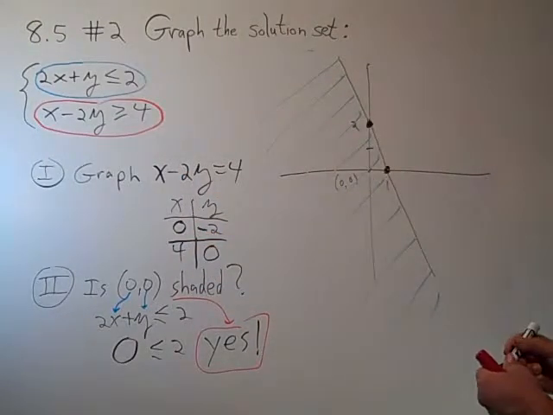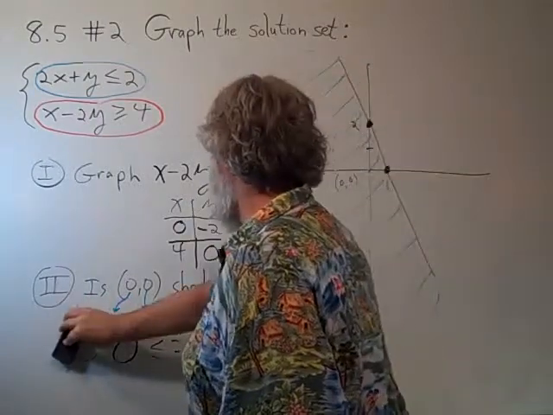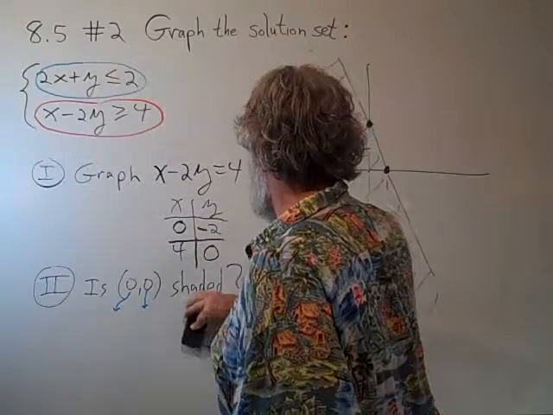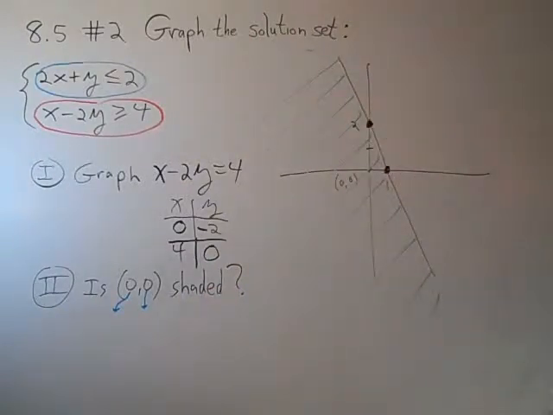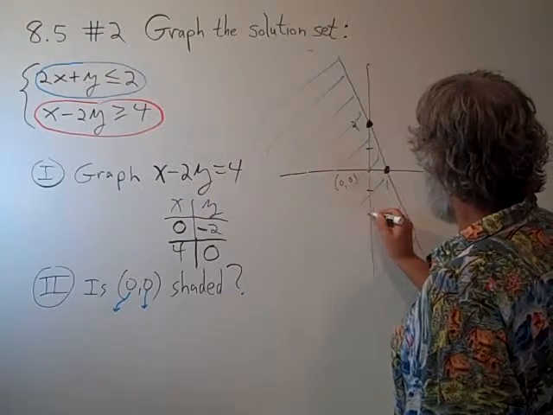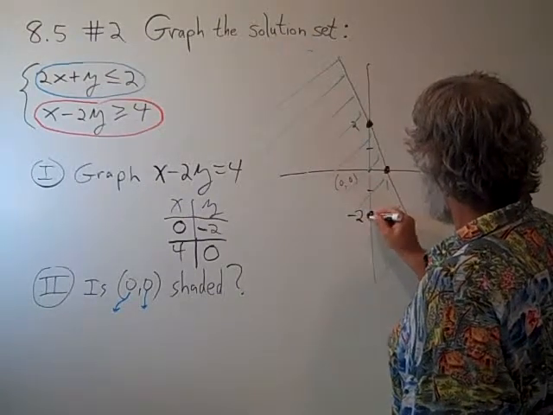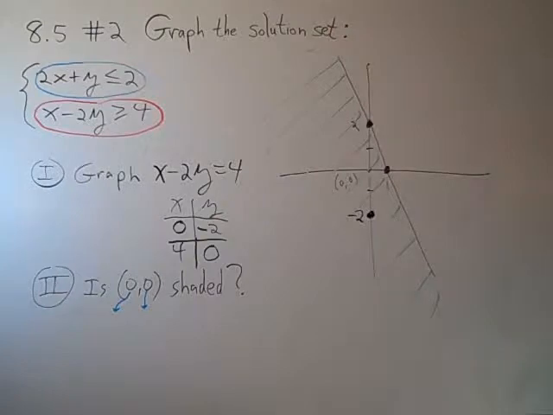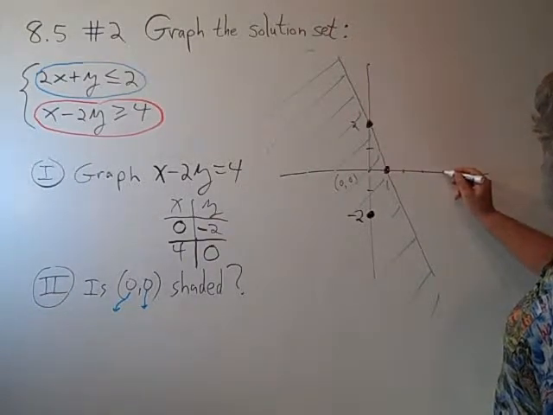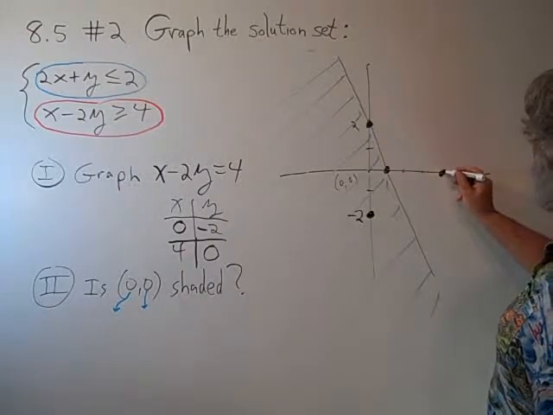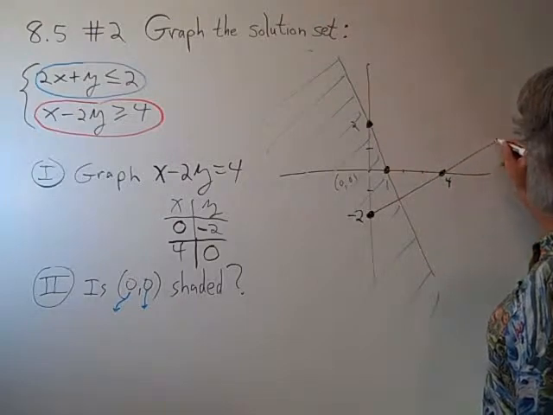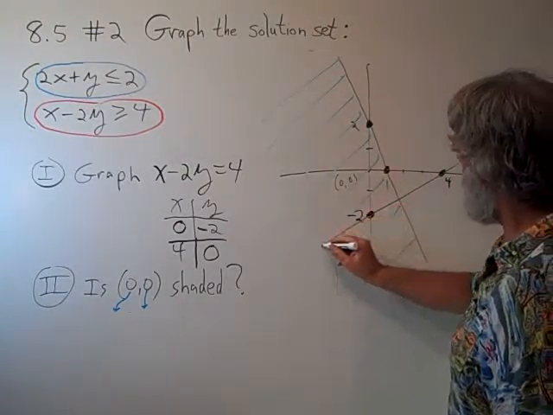So those are 2 points on the graph. And we can graph that line. 0, negative 2, the y-intercept is at negative 2. And the x-intercept is at 4. So 1, 2, 3, 4 is about here, the x-intercept of this line. So our second line looks like this.